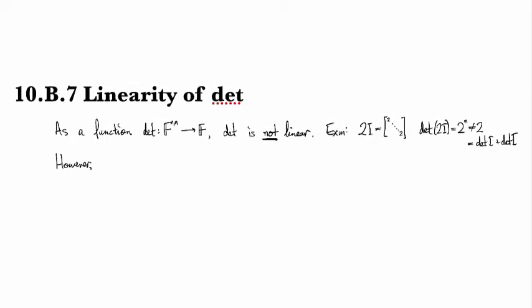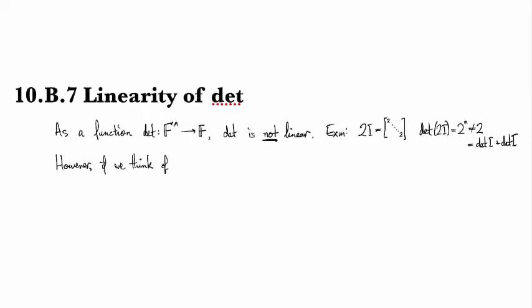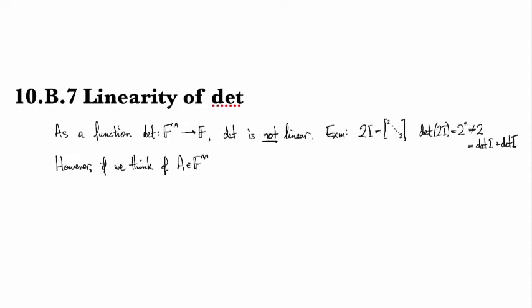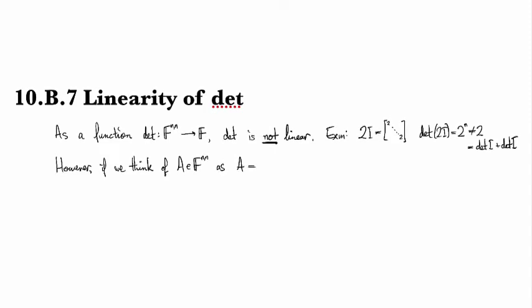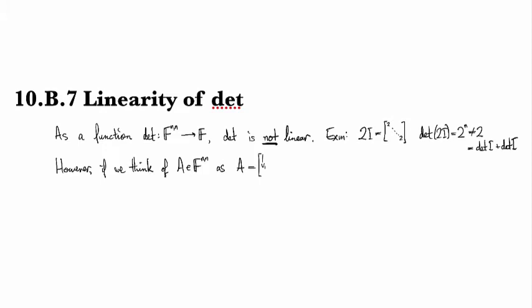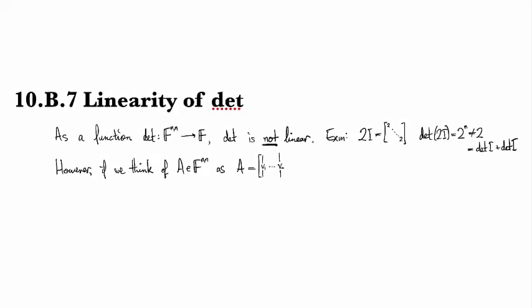However, if we think of our matrix A as being a vector of vectors, so here's the first column v1 down to the last column vn.